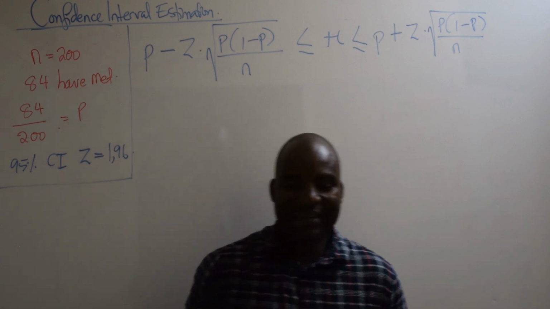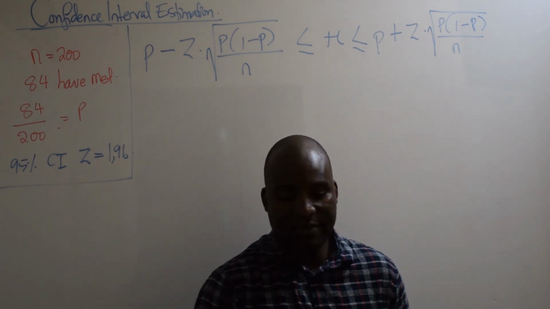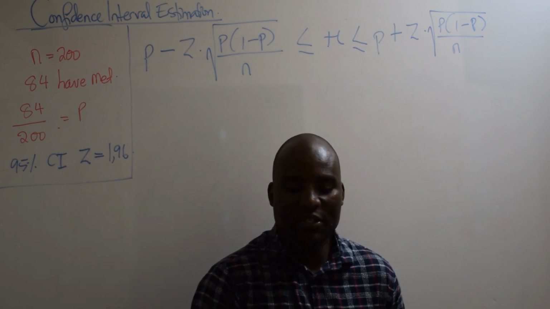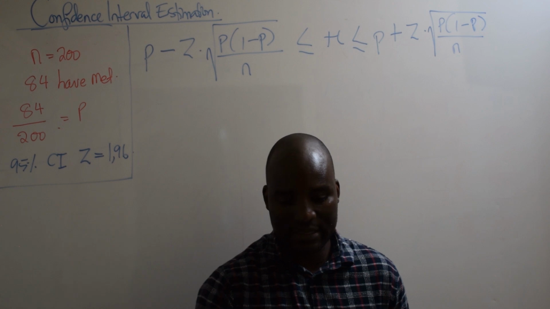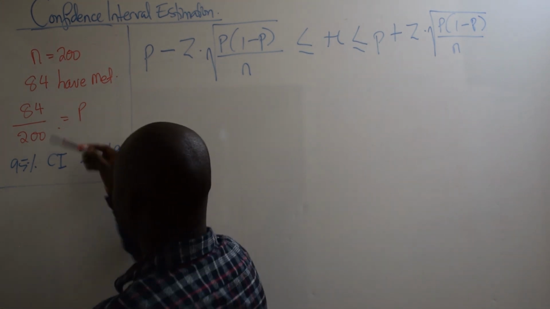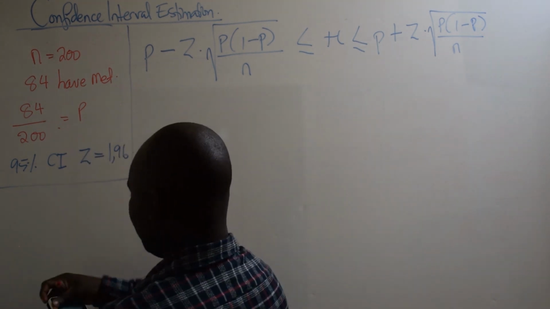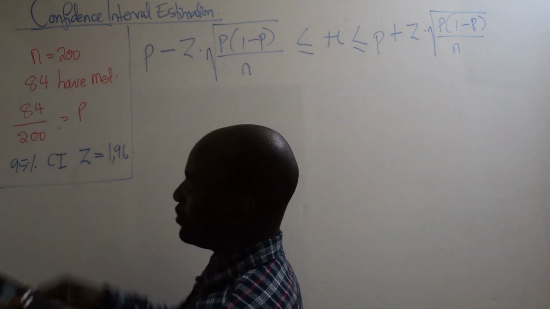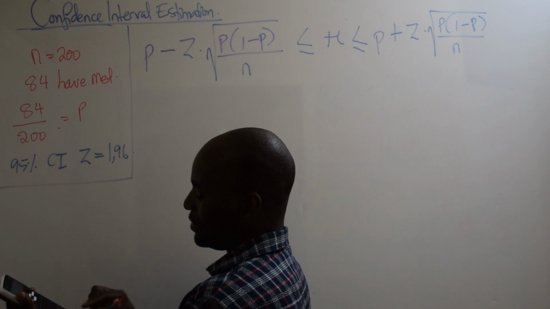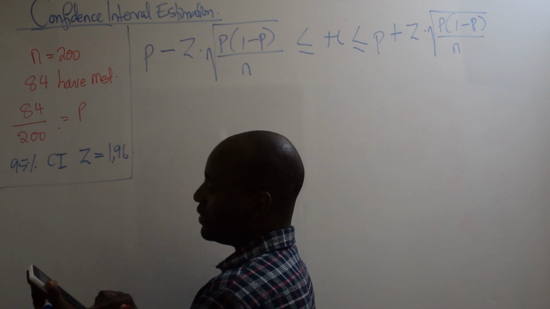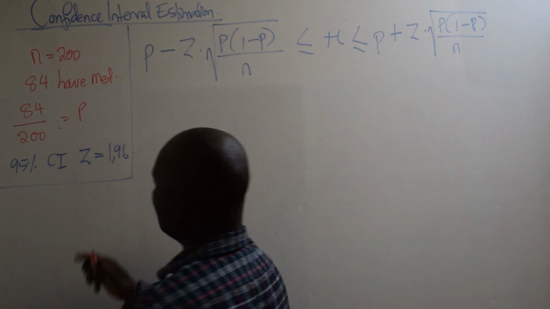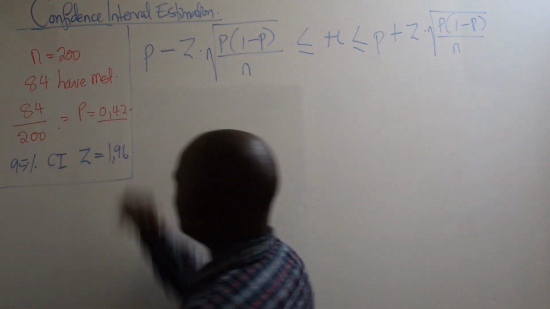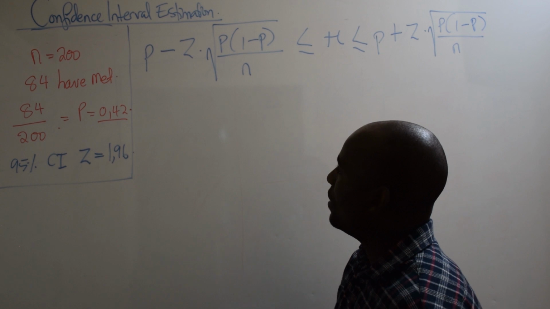Read the question: at 95% confidence level, create a confidence interval for the population of manufacturing firms that have met. So this P is still fine because we're talking of those that have met. If it says that have not met, then we're going to change this fraction. So this is 84 divided by 200. That will give you 0.42. So our P is 0.42 in terms of a fraction. This is what we're going to use, the decimal fraction.